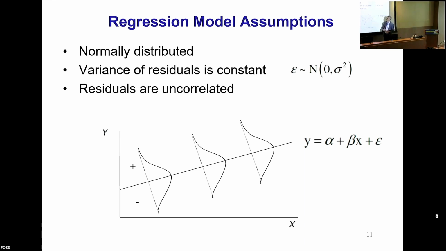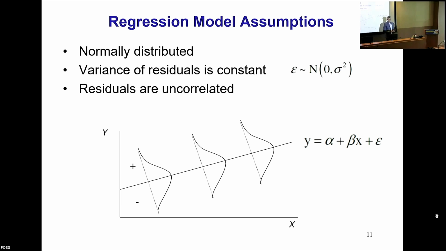The second assumption is that the variance of the residuals is constant. So you can see here that the normal distribution of the underlying residuals is the same. It isn't increasing or decreasing. So you can have a normal distribution here and a normal distribution here, but very often what you get is a much larger distribution here than there.